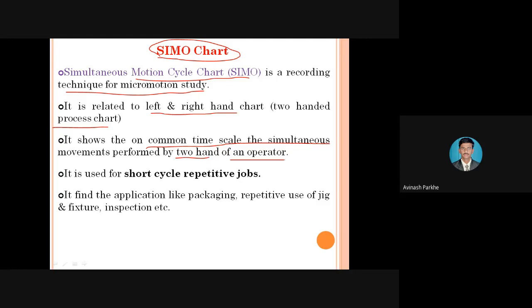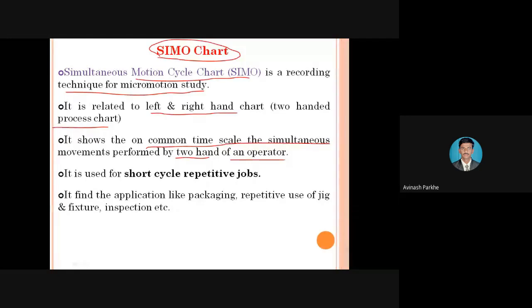Again, it is the same. In the two-handed process charts also, we are representing the simultaneous movements taking place by that operator. In the Simo chart also, we are representing the simultaneous movements performed by both hands of the operator.